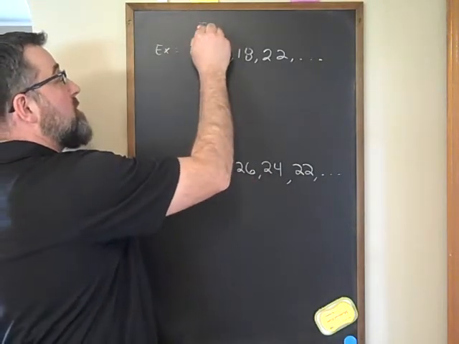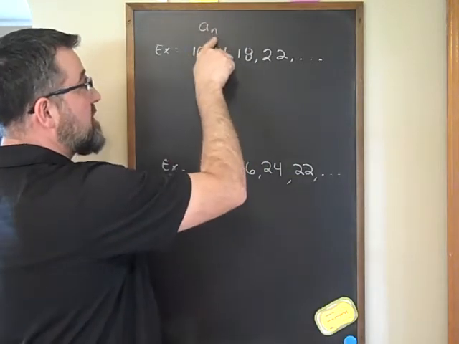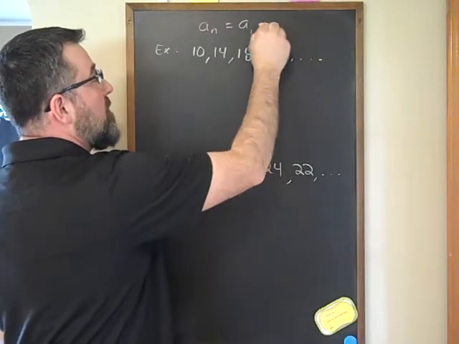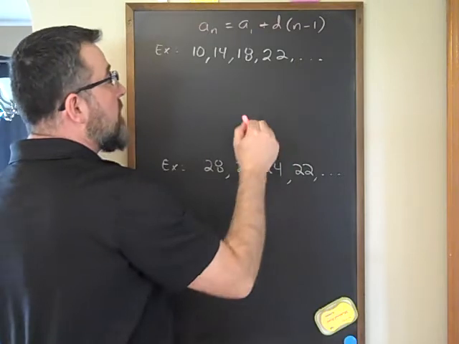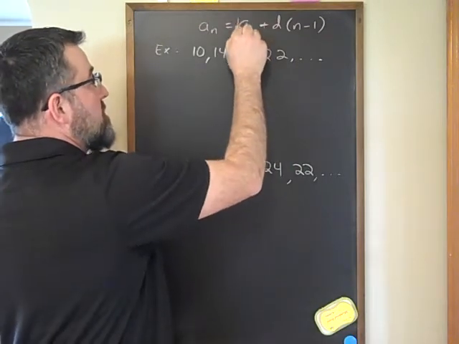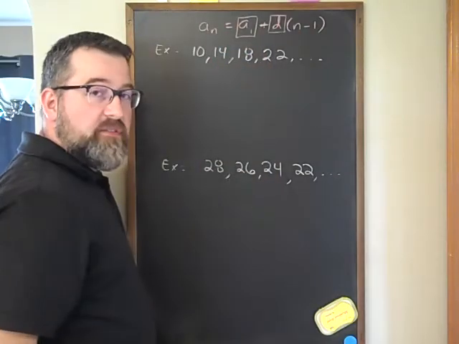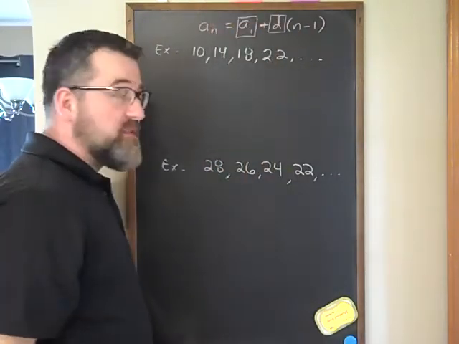If we remember, the general form for any sequence a sub n is based off of the first term plus the constant difference times n minus 1. So what we just need to do is substitute in the first term and the constant difference. That's it. If we have that information, we can write the sequence.